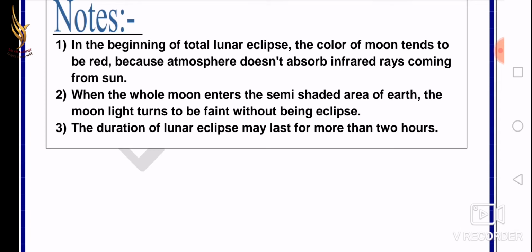Okay? And the duration of lunar eclipse may last more than 2 hours. Not like solar eclipse. Can you remember that the duration of solar eclipse takes about 7 minutes and 40 seconds? But lunar eclipse may last for more than 2 hours. Okay?